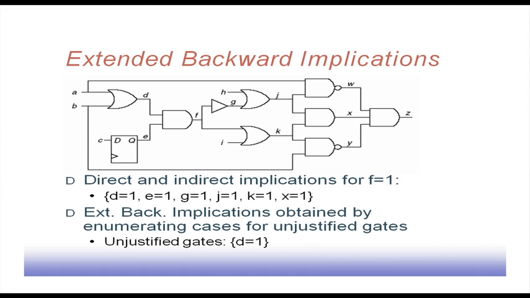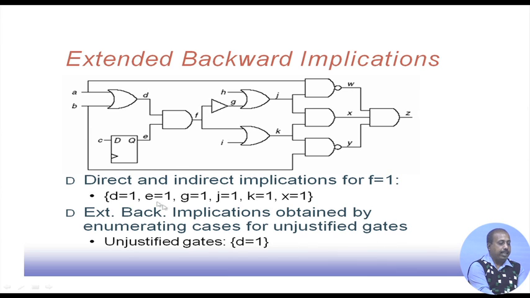Then there is extended backward implication. What it says is we first compute the direct and indirect implications for f equal to 1, that is here d equal to 1, e equal to 1 up to x equal to 1. Now, extended backward implications are obtained by enumerating cases of unjustified gates.